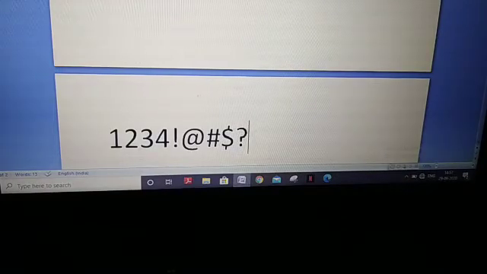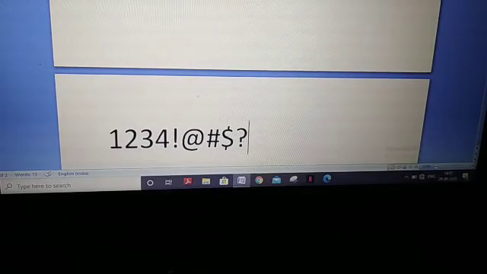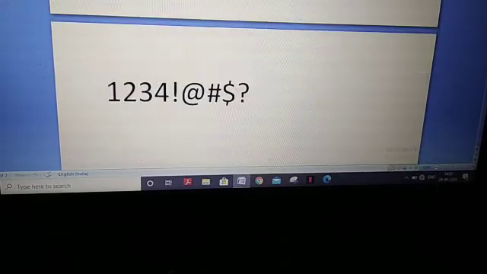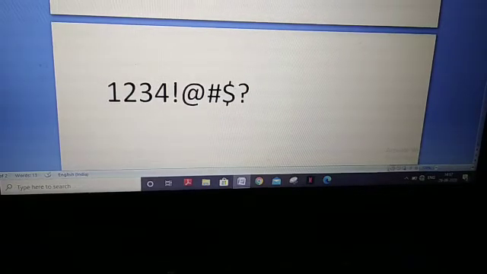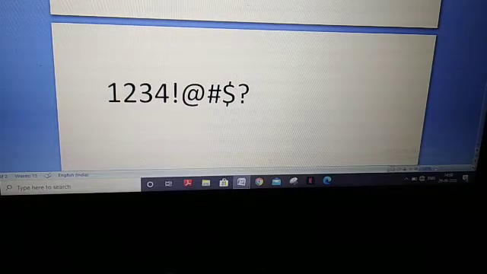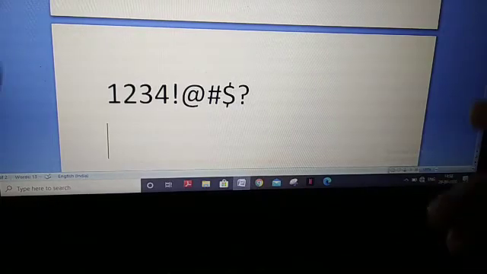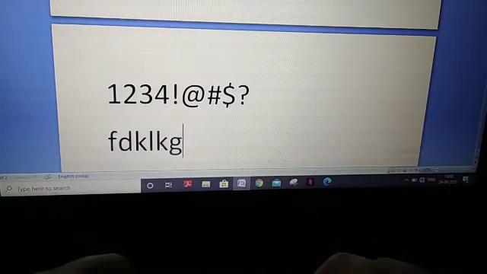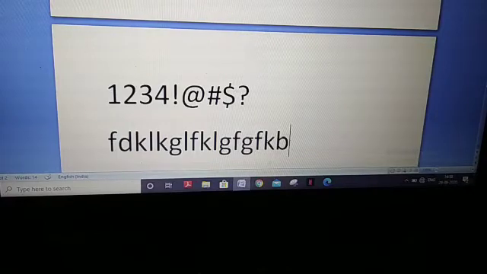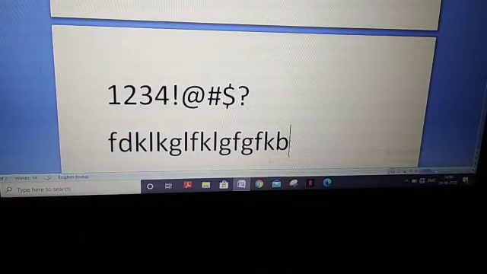Next is the next use of the shift key. Now you see, my caps lock key is off, but I have to type letters in capital. Caps lock is off, so whichever letters we type, they come in small letters, isn't it?